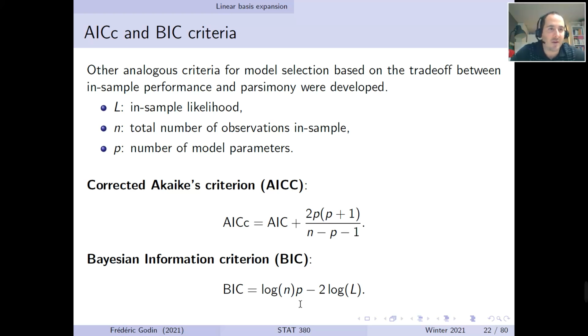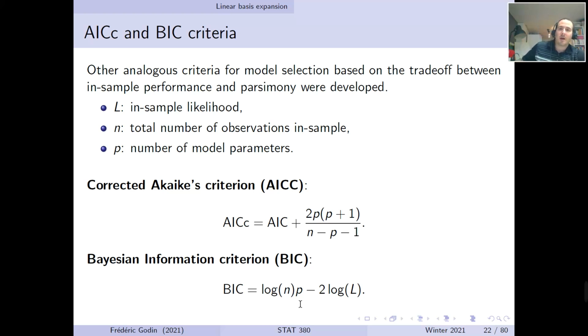But if you try the various criteria and they all say different things about which model should be retained, then it's not as clear. This is an advantage of using cross-validation instead of these more traditional criteria, because with cross-validation you obtain only one value. If you use other criteria, you might get different optimal models, so it's more subjective in a sense.